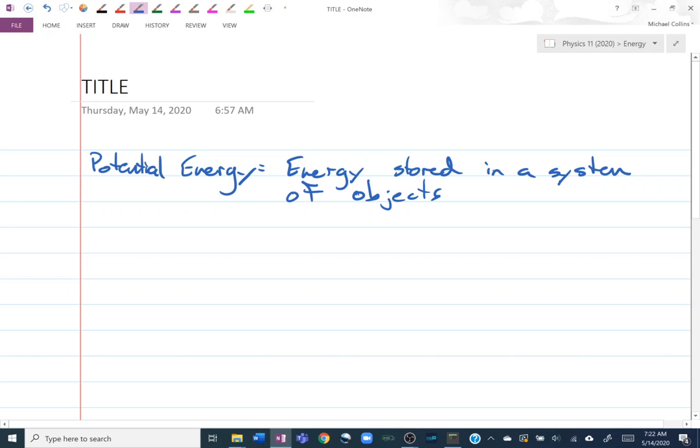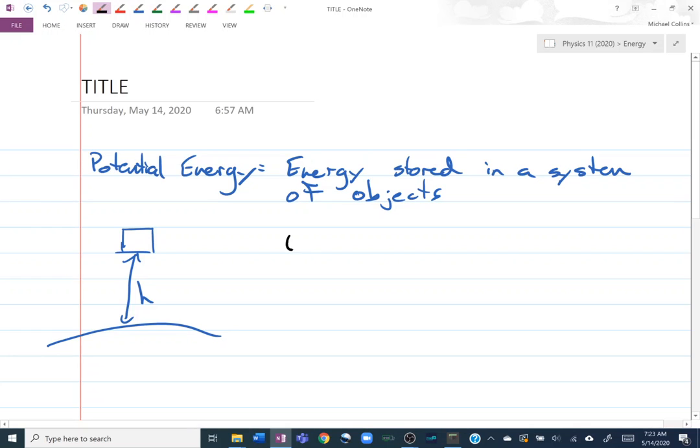So when we talk about gravitational potential energy, what we're usually talking about is the Earth and an object. So if you have an object that is some height above the Earth, and we could allow this object to apply a force on things.